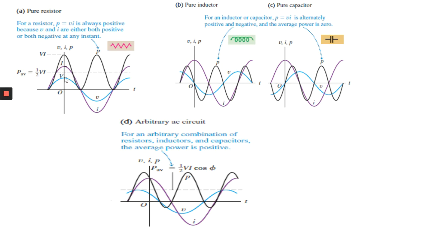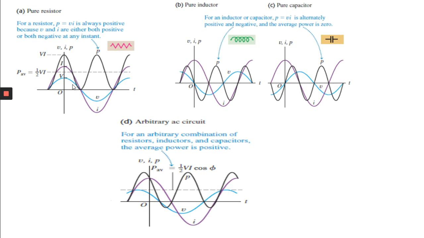Now carefully observe the graph. Here everything is mentioned. This is V, this is I, this is P, power. See, this is the curve for the voltage oscillating. Current is also oscillating. But see, the power is also oscillating. Voltage has a maximum peak value here. It is positive, but in this case it is negative.